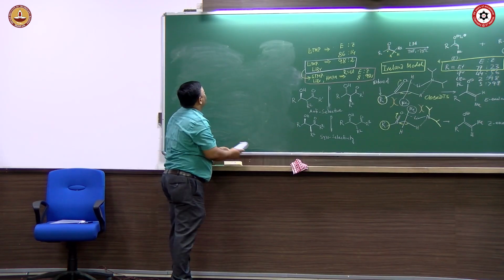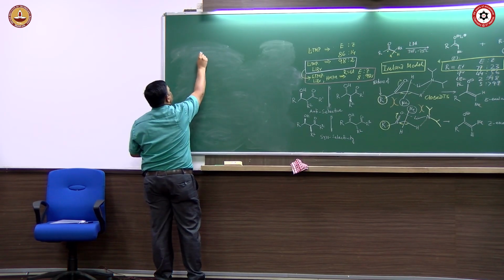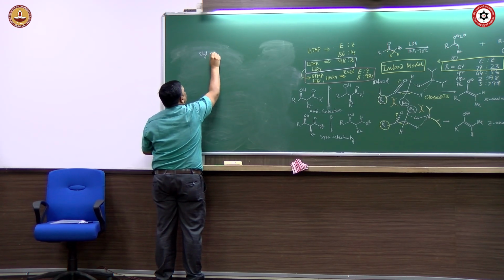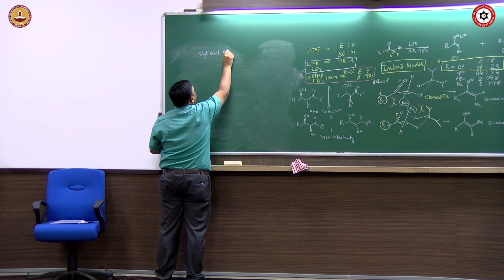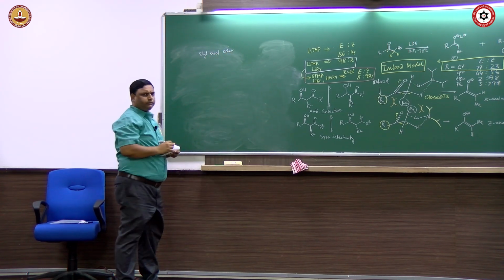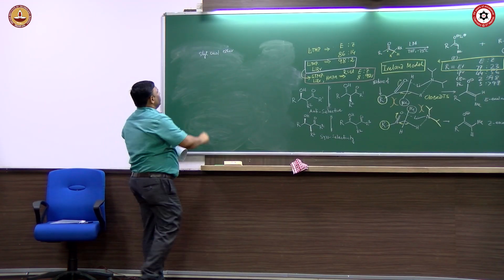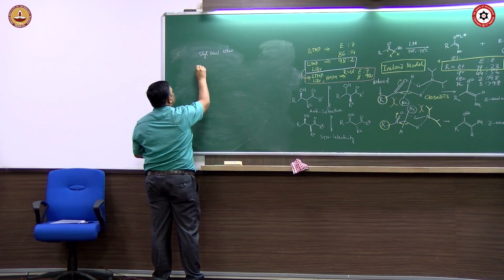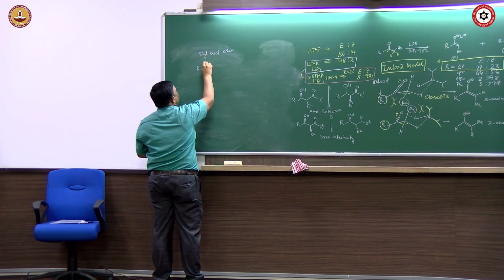One is the silyl enol ether enolate, silyl enol ether. Okay. So we can take the same example. How do we make it?